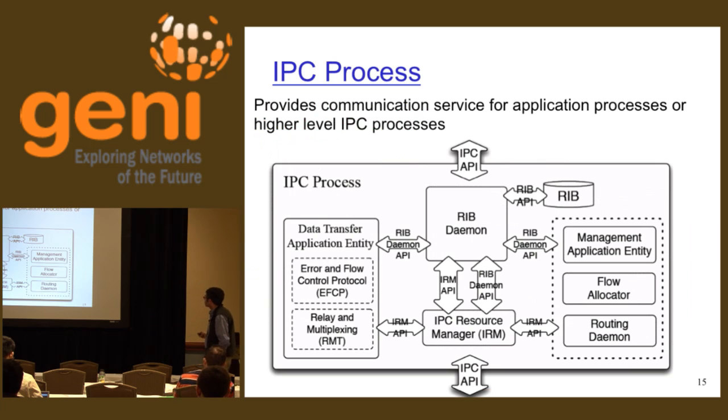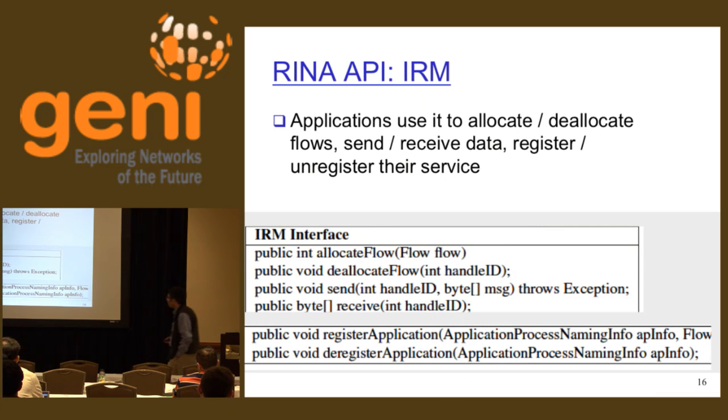If you go deeper into the implementation, the IPC process has things related to the data flow, the data transfer protocol, and things related to management. We have two interfaces that are important for a user to program control and management applications, and write applications in general.